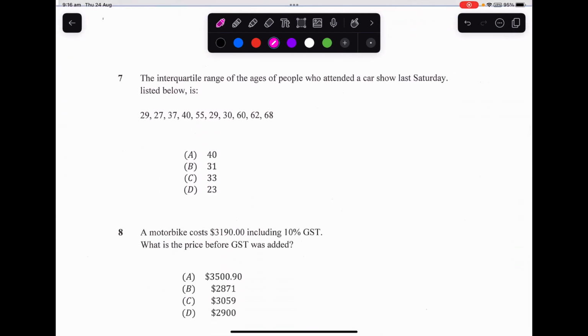Okay, the interquartile range of the ages of people who attended a car show last Sunday listed below is. Okay, so we need to find the interquartile range. The first thing I'm going to notice is this is not in order. So we need to put the numbers in order first. So I'll just quickly do that.